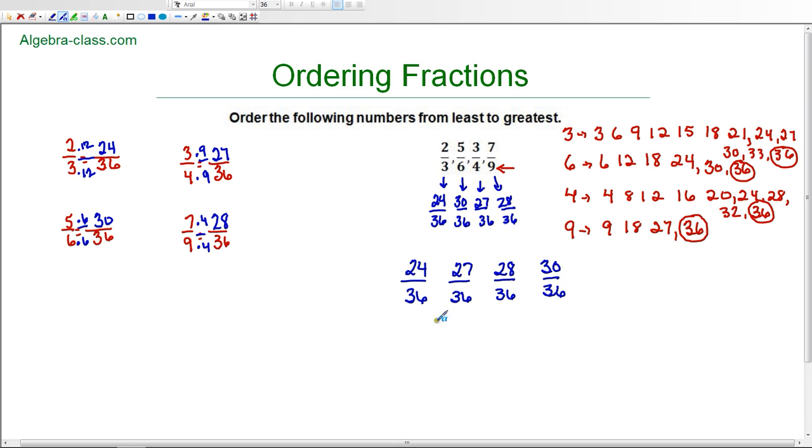So if I want to order the original fractions from least to greatest, I'm just going to go back and say, well, 24/36 was 2/3. 27/36 was 3/4. 28/36 was 7/9. And 30/36 was 5/6. And this is my list of fractions in order from least to greatest.